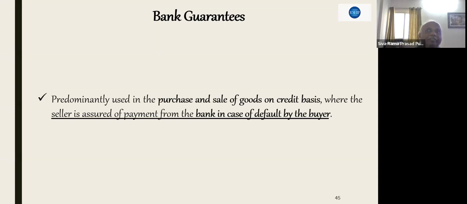But normally, with small banks and cooperative banks, the beneficiary will not believe. Even foreign countries will stipulate the bank name. You take that guarantee from Punjab National Bank. You take the guarantee from State Bank of India. Please take the guarantee from Canara Bank.